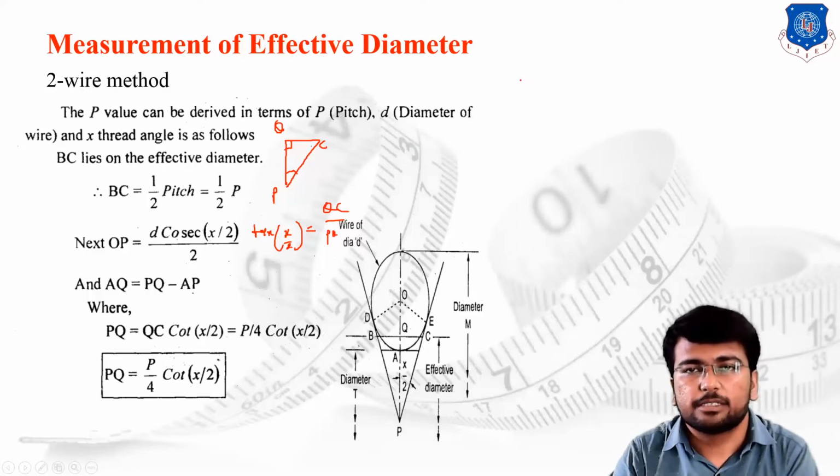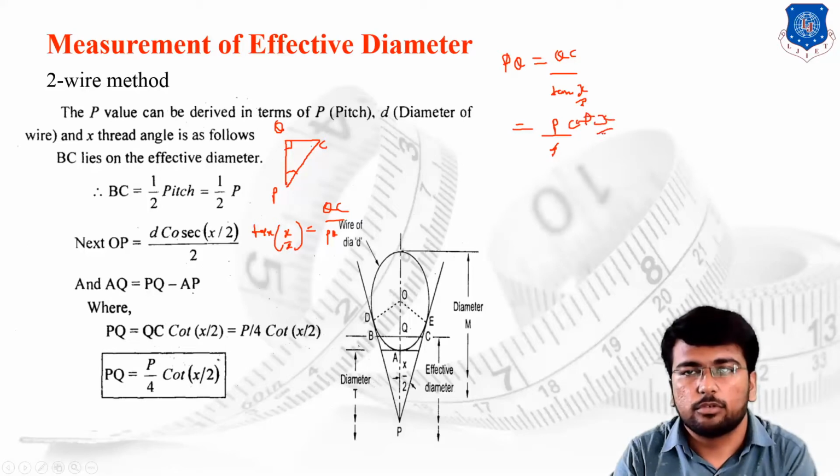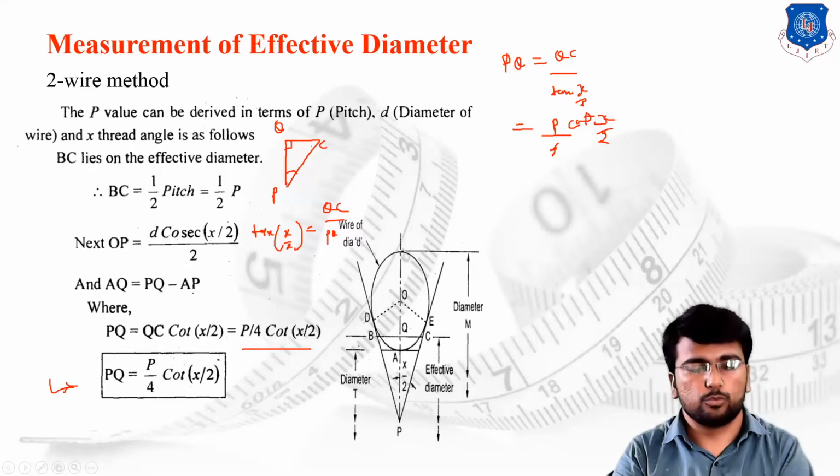Make PQ the subject of the equation. So I can write PQ is equal to QC upon tan of x by 2. Then QC is equal to P by 4, and 1 upon tan of x by 2 is cot of x by 2. So PQ is equal to P by 4 cot of x by 2.